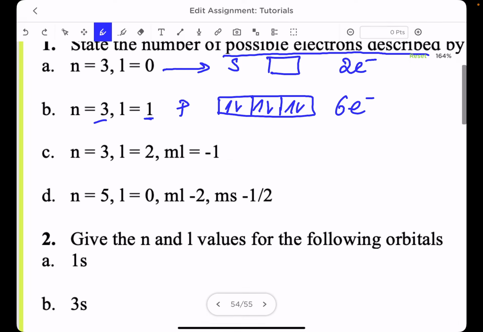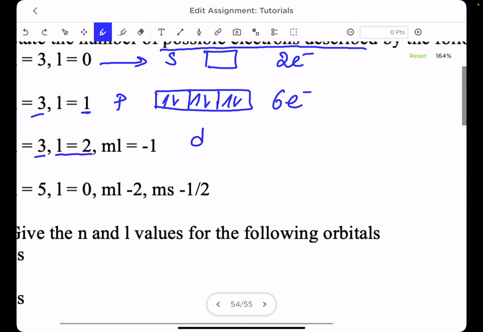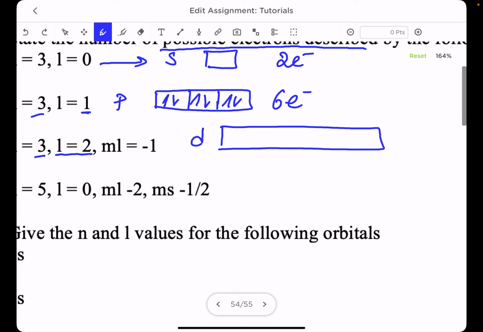Question part C. The principal quantum number is 3, the third energy level, and specifically they're talking about L equal to 2, meaning they're talking about D. And D has 5 orbitals: 1, 2, 3, 4, and 5. And they're specifically talking about the -1.